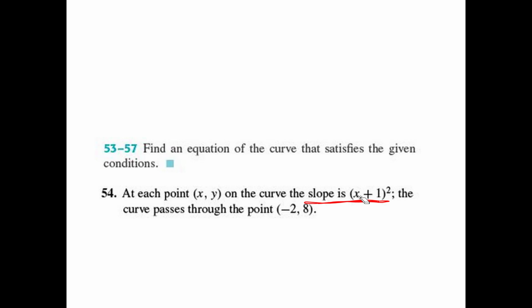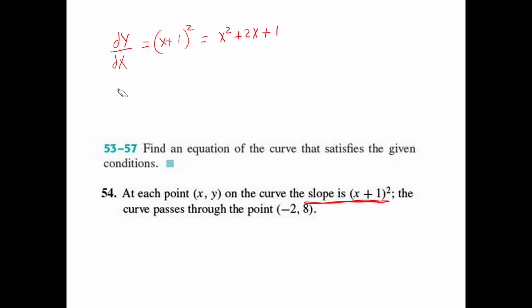The derivative does. So what we're being told here is that the derivative, dy dx, is given to us by this formula, x plus 1 squared, which is not very useful as far as finding the antiderivative, so we should expand that. X squared plus 2x plus 1.